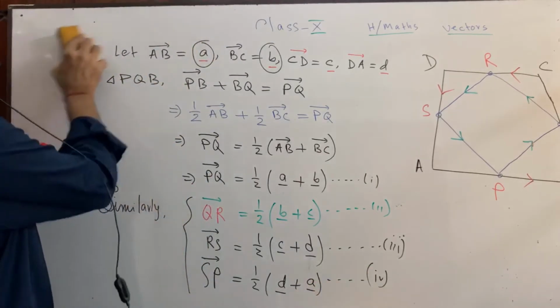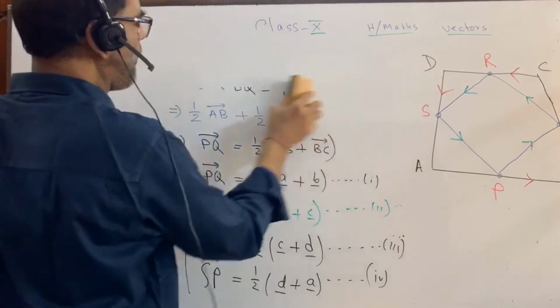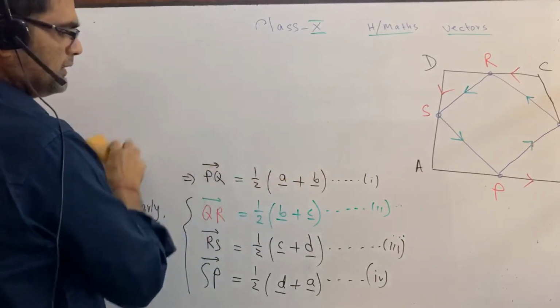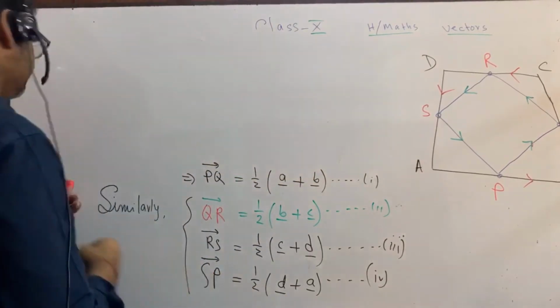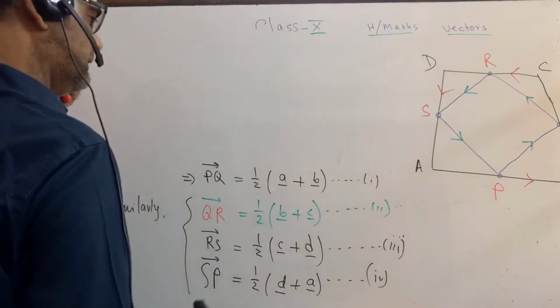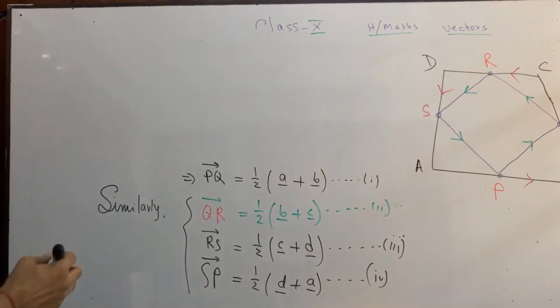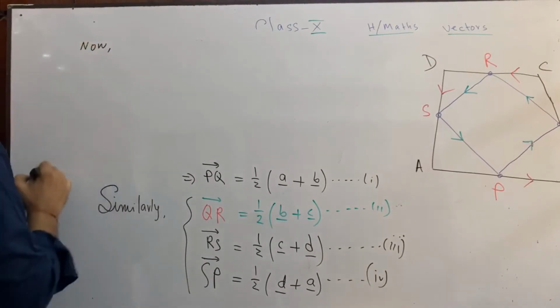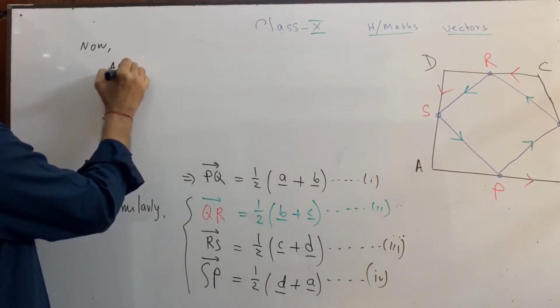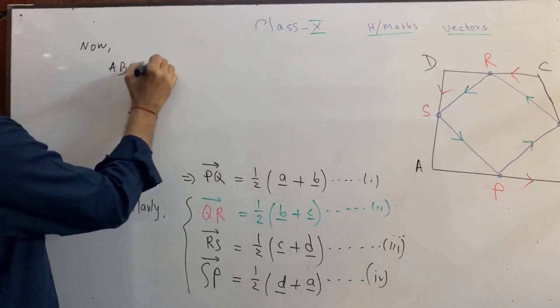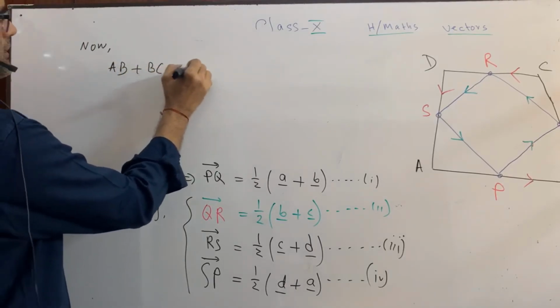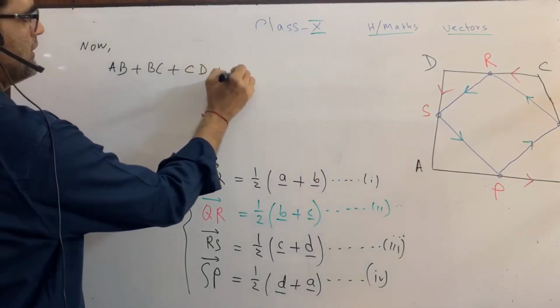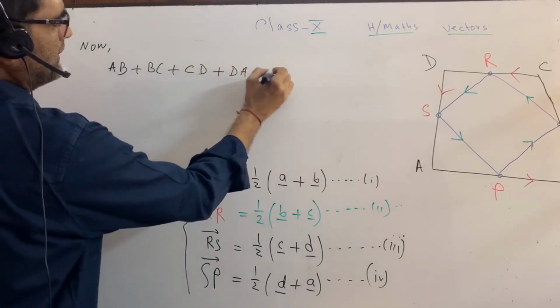Now you write down, in the quadrilateral ABCD, we can write AB, BC, CD, DA equals to 0.